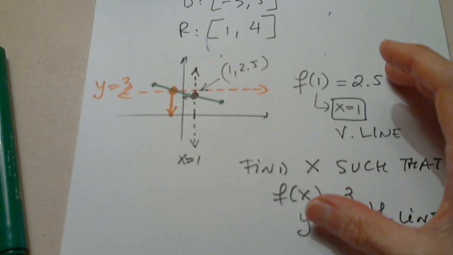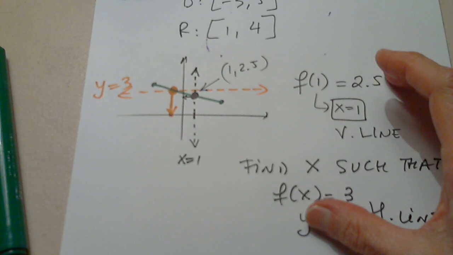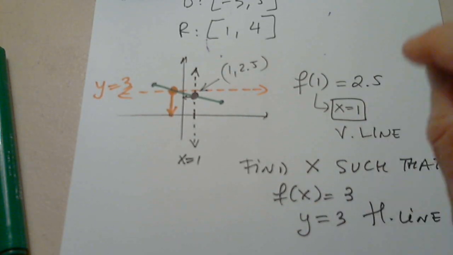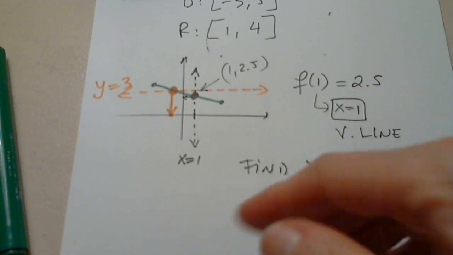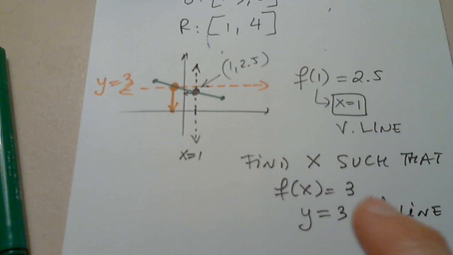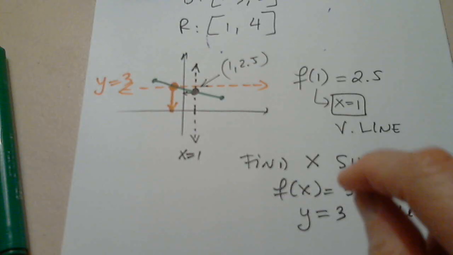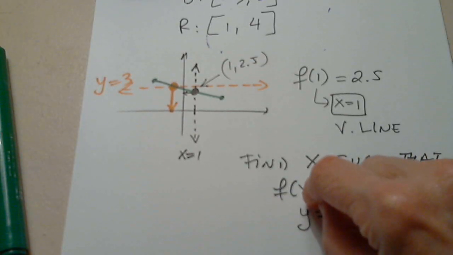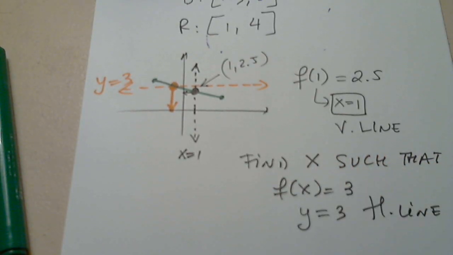So notice that these are two different things. The first one gives me x, and it's asking me to find y. The second question gives me y, and it's asking me to find x. So let's look at the actual function. Good. Approximate, or whatever you tell me, I'm happy as long as it's close.